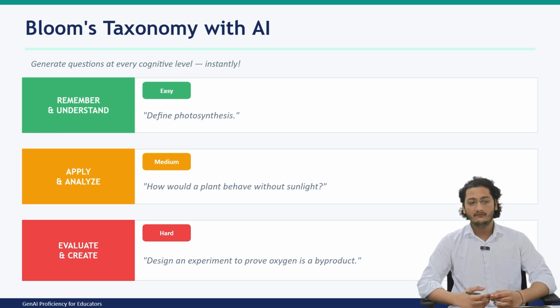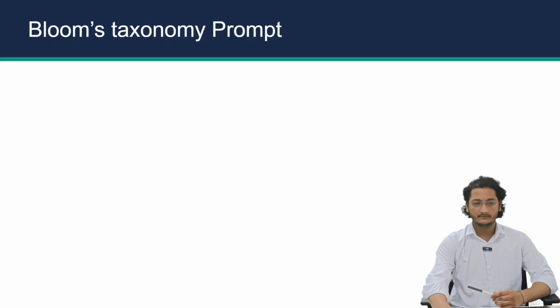On a higher scale, we have questions like: how would a plant behave without sunlight? Those are apply and analyze level questions. Moving upward in this hierarchy, design an experiment, or what happens if, where you will create or evaluate. And at last we have evaluate and create level questions.